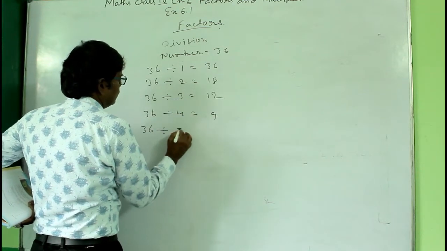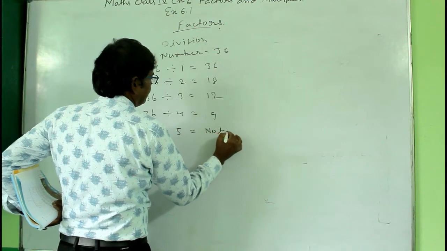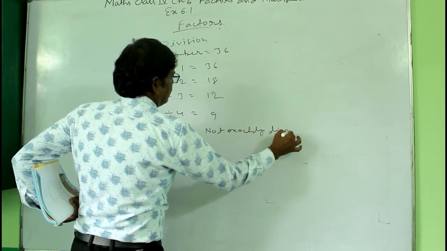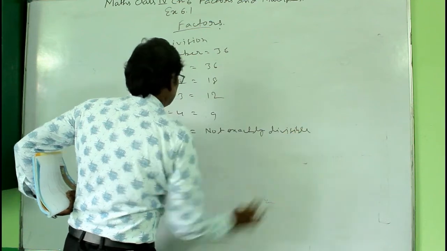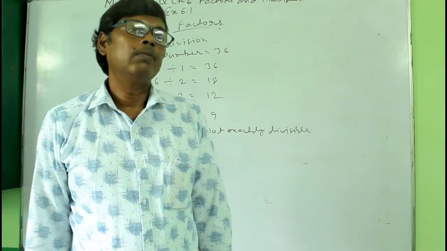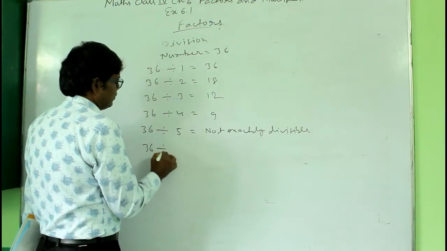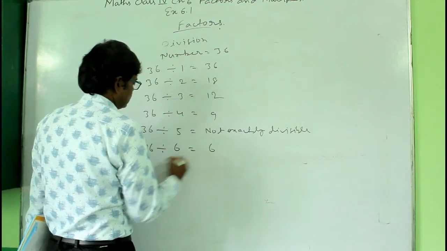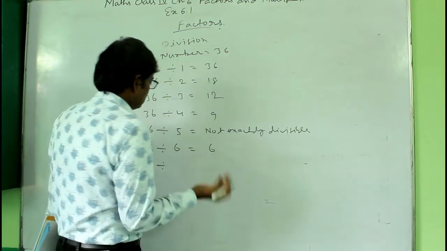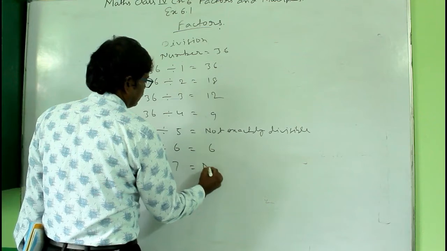36 divided by 5: actually 36 is not exactly divisible by 5, so you will not get any factor from this. 36 divided by 6 equal to 6. Then if you try 7, it is not divisible.